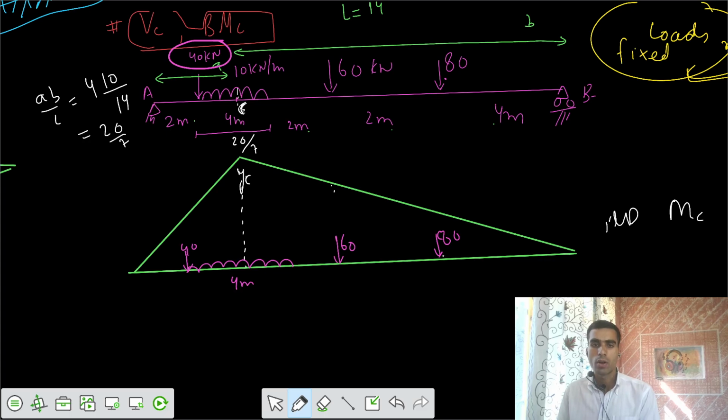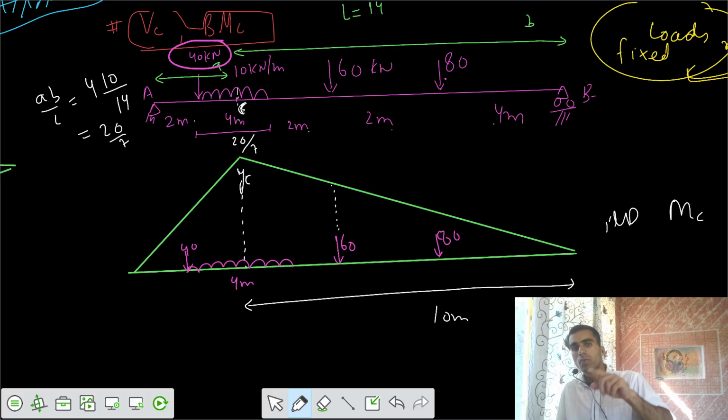The ordinate here would be, so this one is your B length. This is 10 meter, and this would be 6 meter. 4 fours are 8 plus 2, 10, and this is the length of 10 meter, and your 60 kilonewton load is acting for the triangle of 6 meter.